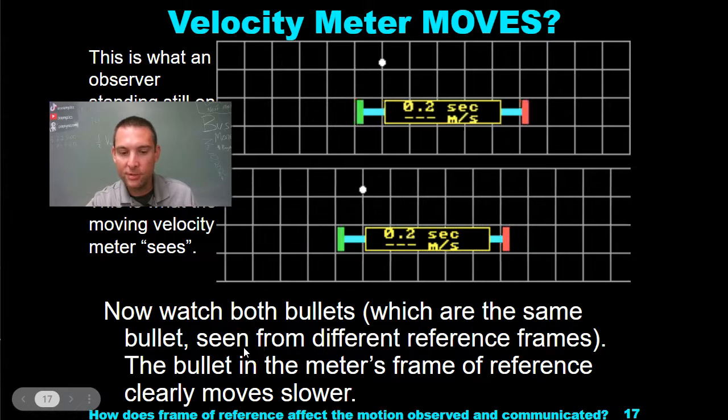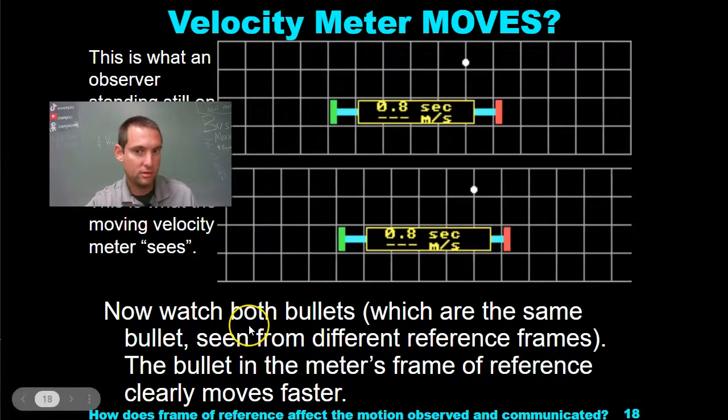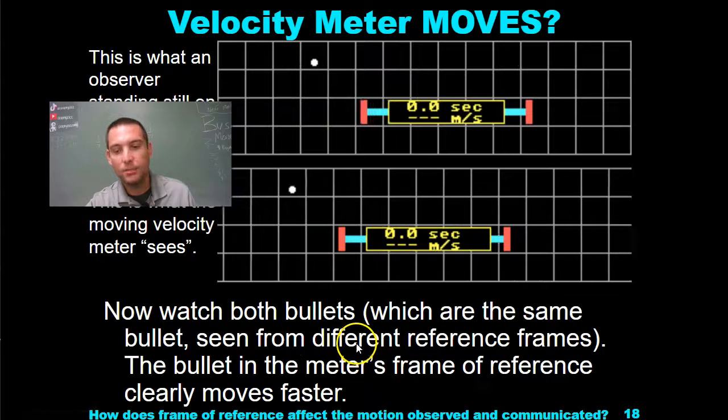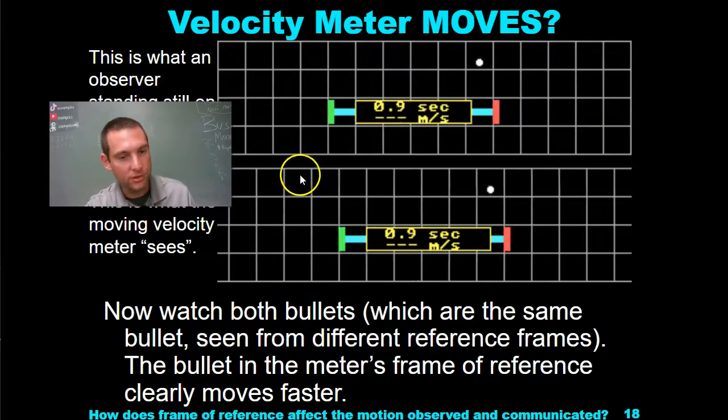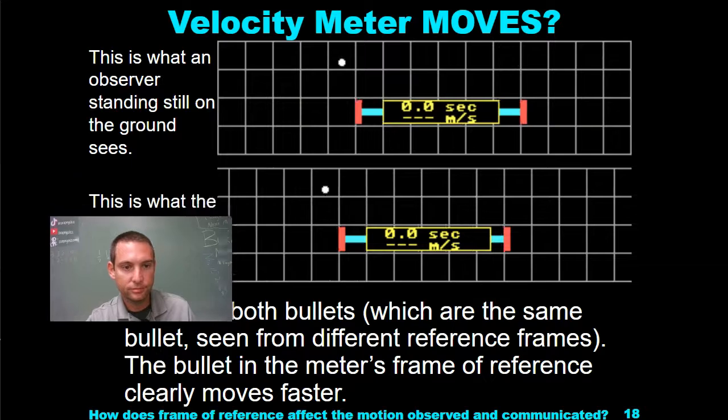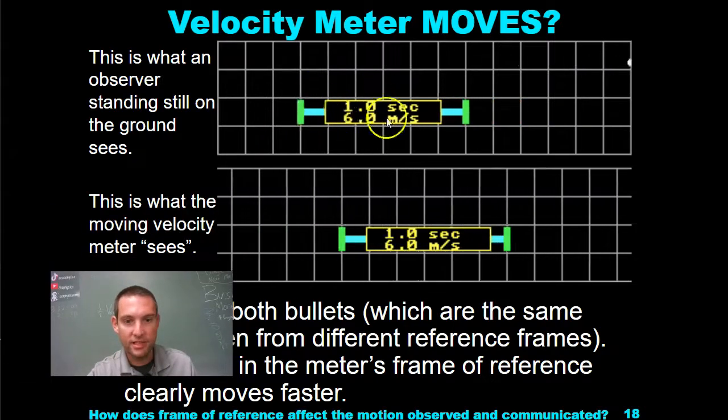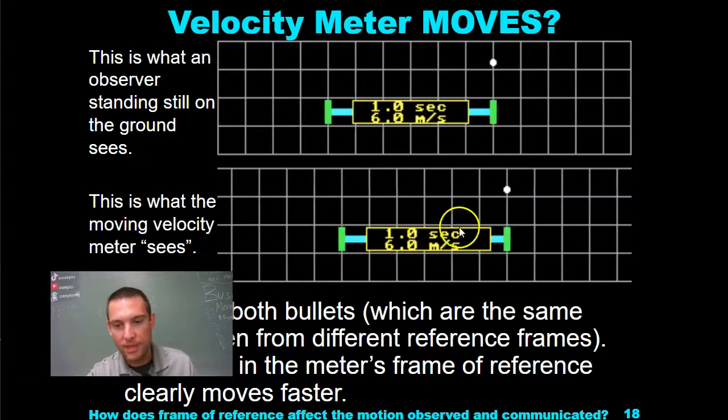The bullet in one meter's frame of reference clearly moves slower, or appears to move slower, and the bullet in the other meter's frame of reference clearly moves faster, or appears to move faster. So again, this one is standing still on the ground, and this is what the velocimeter is seeing.